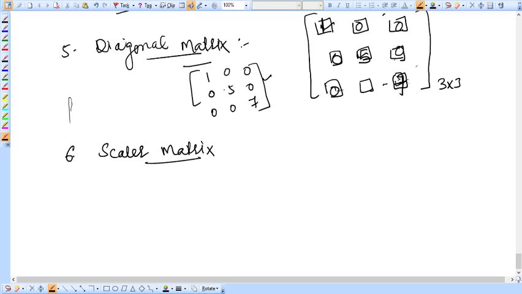So when defining a diagonal matrix, firstly it is a square matrix, where the number of columns must be equal to the number of rows. Otherwise it is not possible to identify it for a rectangular matrix.